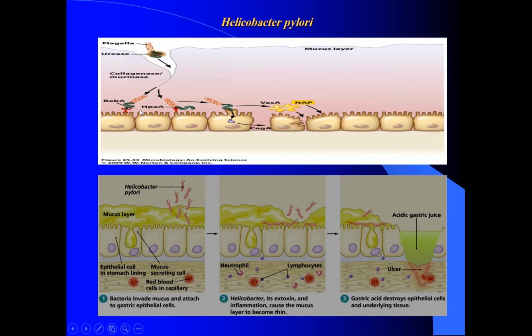البكتيريا قلنا عندها two type of the adhesins اللي هو الباب A والهيب A for the attachment to the epithelial lining of the stomach.